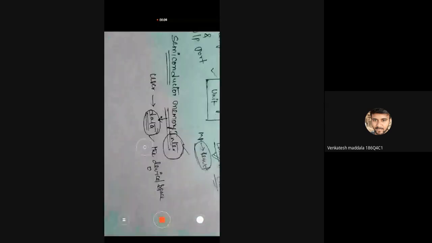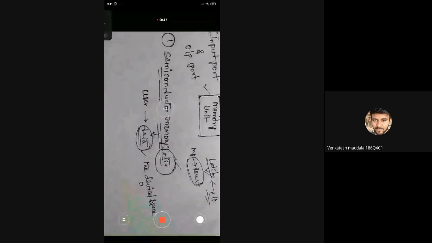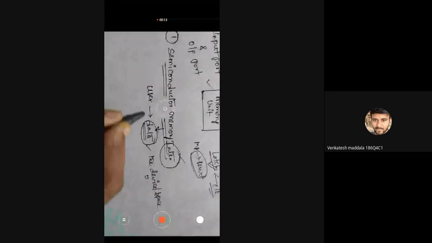Memory is nothing but a location or some memory space which is used to store this data. The user always wants the microprocessor to operate on some data, so it has to perform operations on valid data. That data should be stored in some location, and that location or area is called memory.